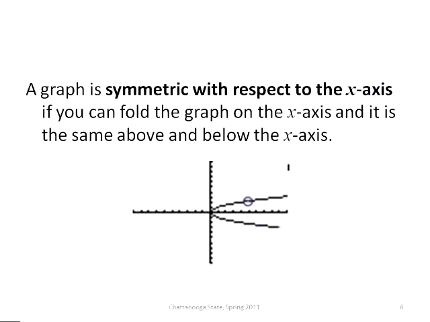This is an example of a graph that has symmetry with respect to the x-axis. It is not a function because it does not pass the vertical line test. If you fold it along the x-axis, the part above will match up to the part below the x-axis.